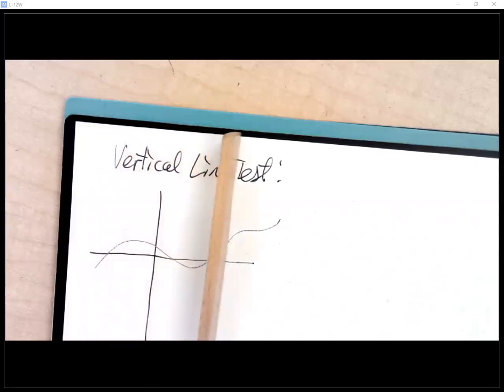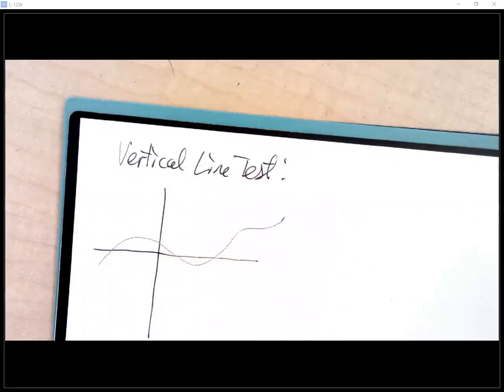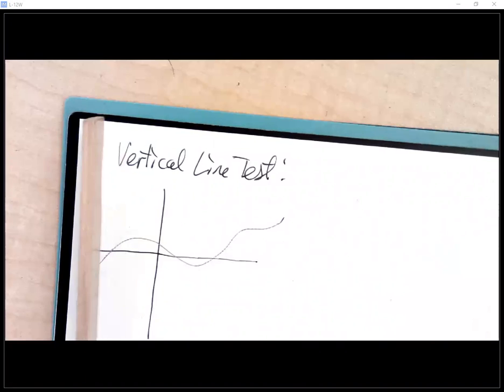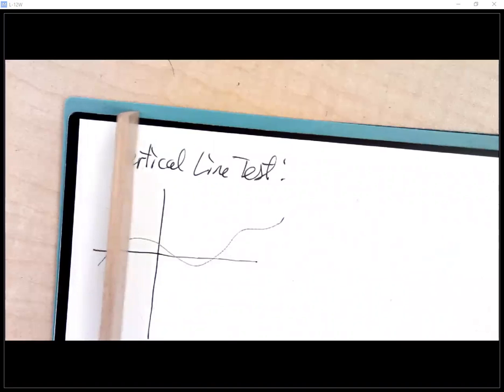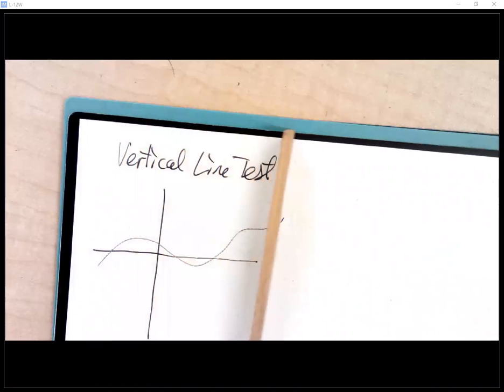And if it ever hits more than once, then it has failed the vertical line test. This one passes. So if I move my ruler along, if you're looking at my curve here, it never hits more than once. So that means that that is in fact a function.